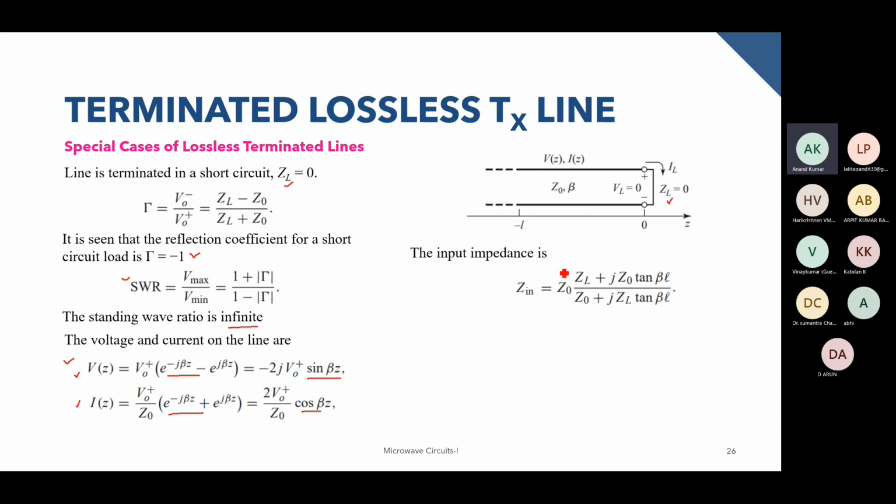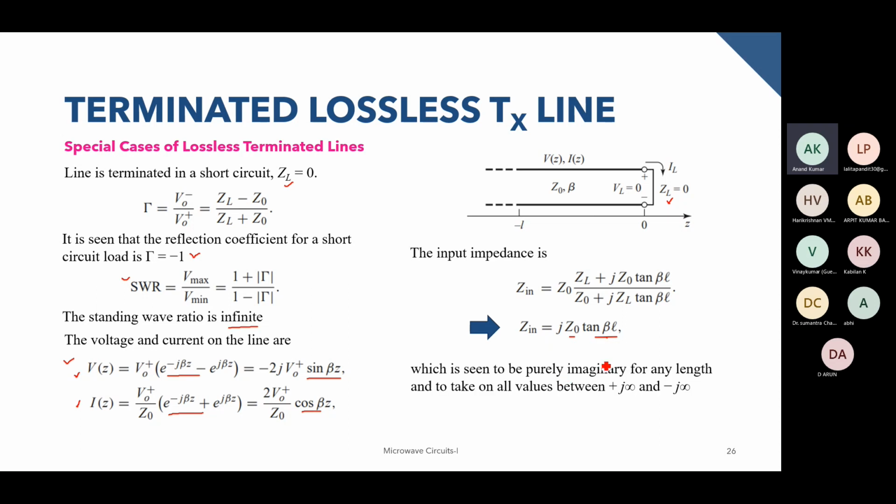Now we can also define the input impedance by substituting ZL equals 0, and this will turn out to be Zin equals j Z naught tan beta L. So we can see that the input impedance is purely imaginary, and for any length that we take, it will oscillate between plus infinity and minus infinity.